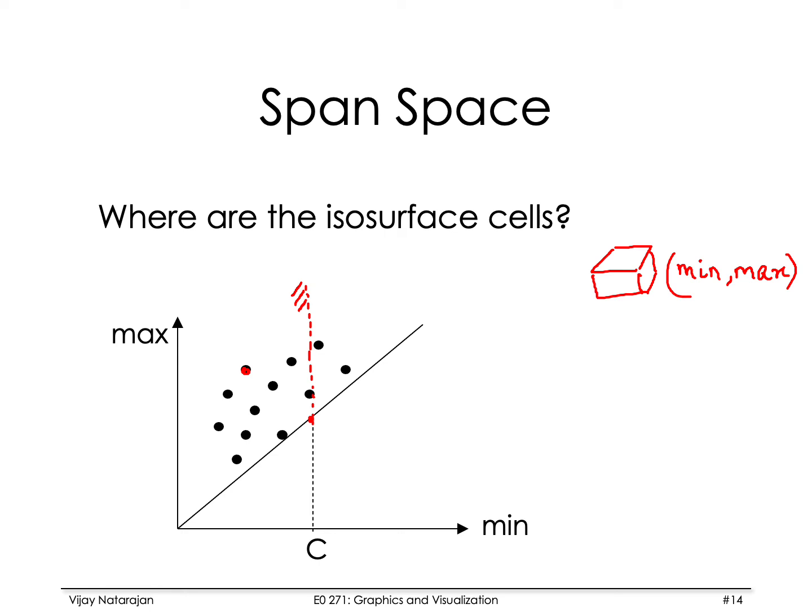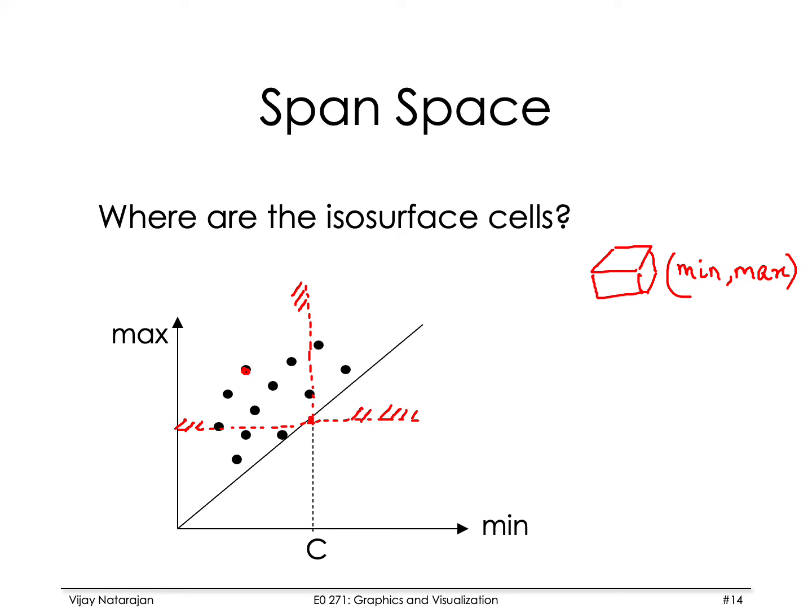Similarly, max has to be greater than C. So this corresponds to, let me not draw that fully, the half plane given by this horizontal line. All points above this horizontal line satisfy that condition.